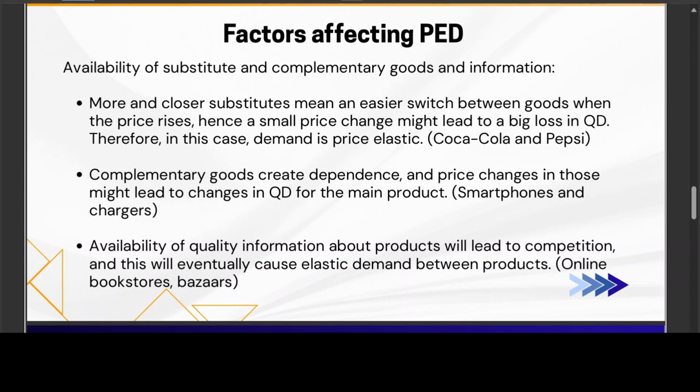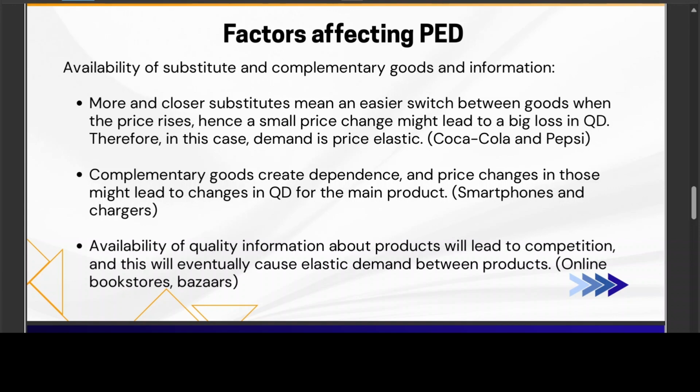So that means Pepsi and Coca-Cola are substitute goods to each other. And more and closer substitutes mean an easier switch between goods when the price rises. Hence, even a small price change might lead to a big loss in quantity demanded. Therefore, in such cases, demand is price elastic, and it can have very high price elasticity. So it is definitely price elastic demand. I gave Coca-Cola and Pepsi as an example here.